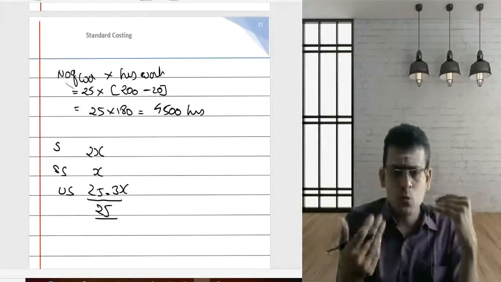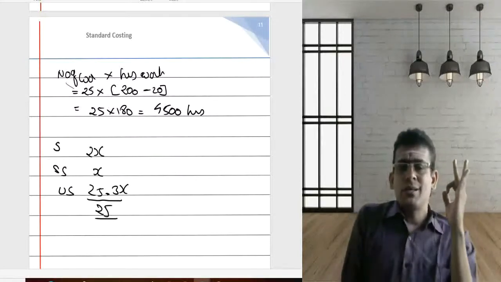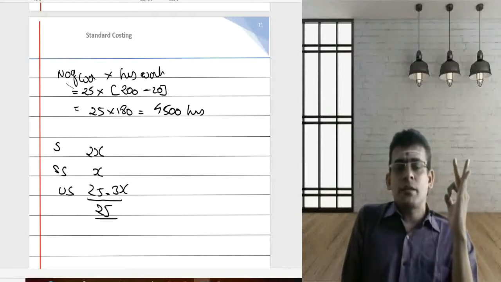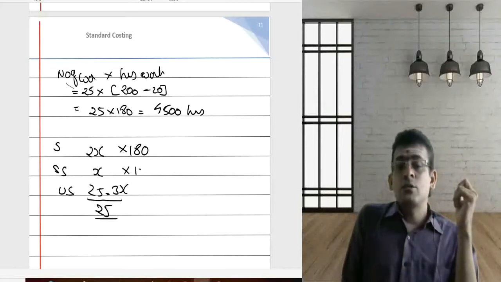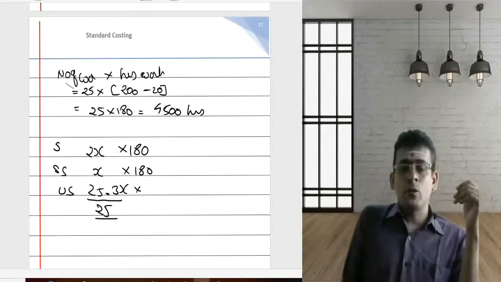And also if you try to do it the other way, what we had mentioned, each worker will work for 180 hours. That means 2x into 180 hours, x into 180 hours, 25 into 180 hours.